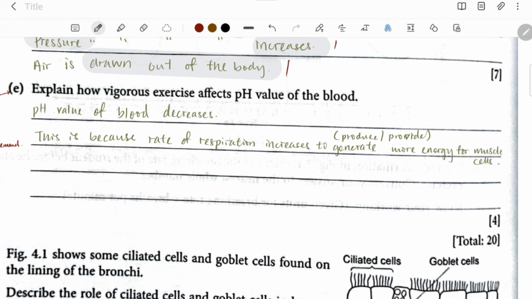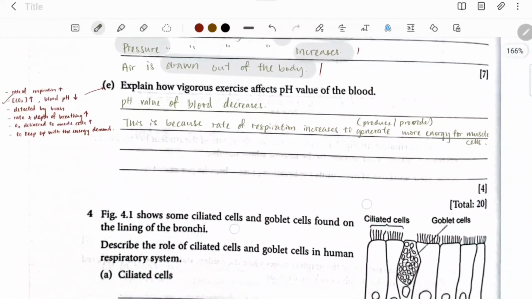And then after that, concentration of carbon dioxide, this one you write the full form, increases.